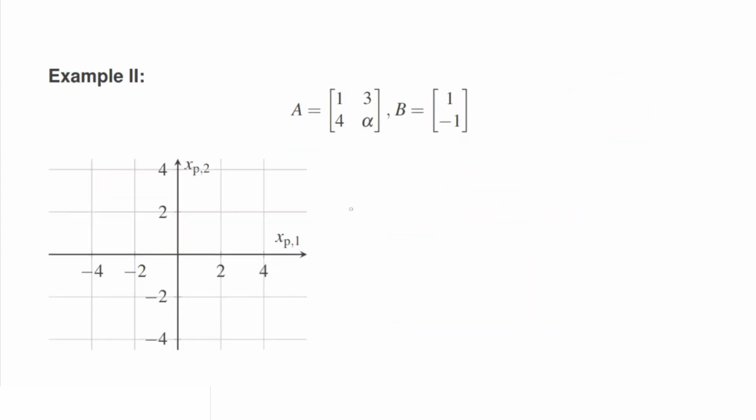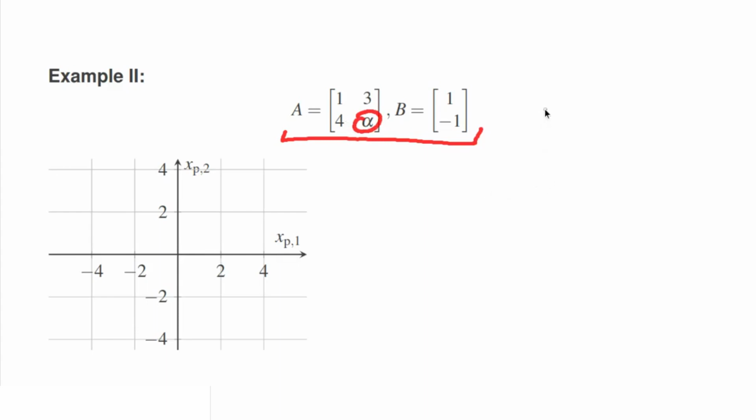To make sure that we've really understood what's going on here, let's do another example and consider the state space model with A and B matrices defined as shown here. And let's ask the question, for what values of alpha is this state space model controllable? Now, to get started, we have to compute the controllability matrix.